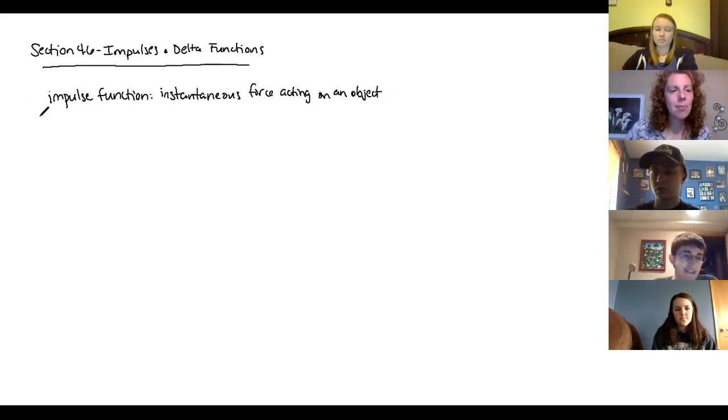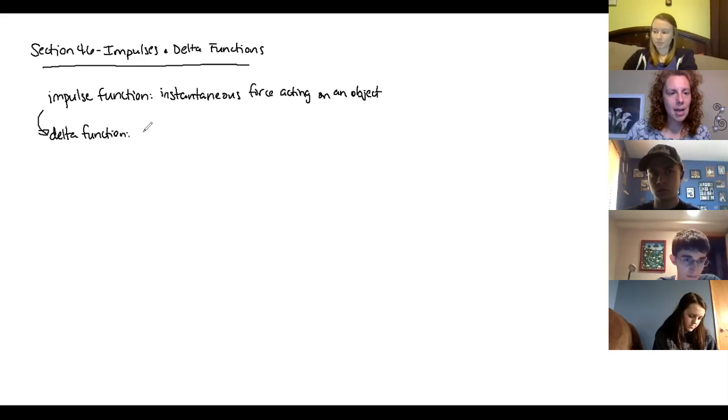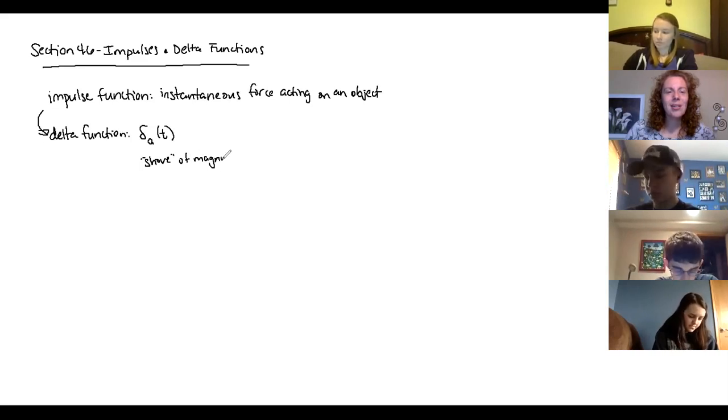So we have this impulse function, it's called the delta function. And it is going to be denoted by delta, a lowercase delta, sub a of t, okay? So this is a shove, or an impulse, but shove sounds more fun, of magnitude 1 at time t equals a.